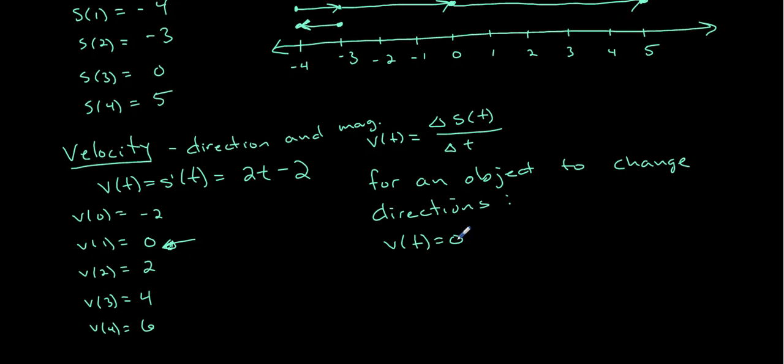No, so what has to happen for an object to change directions? The velocity has to equal 0, and then what else? So let's say one way to cover both the situations. You said that it must change from negative to positive or positive to negative. So what must happen for that velocity then? It just changes signs, yeah. For an object to change directions, v of t has to be 0, and v of t has to change signs.